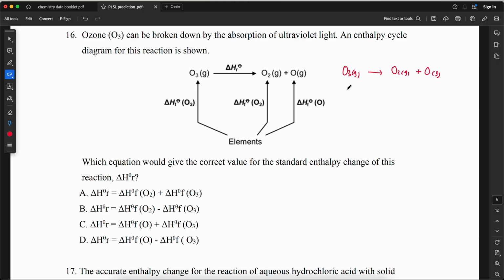Okay, so delta HR is delta HF product minus reactant. We don't use oxygen because it is in the standard state, so we've got only product, which is delta HF O minus delta HF oxygen, which is D.